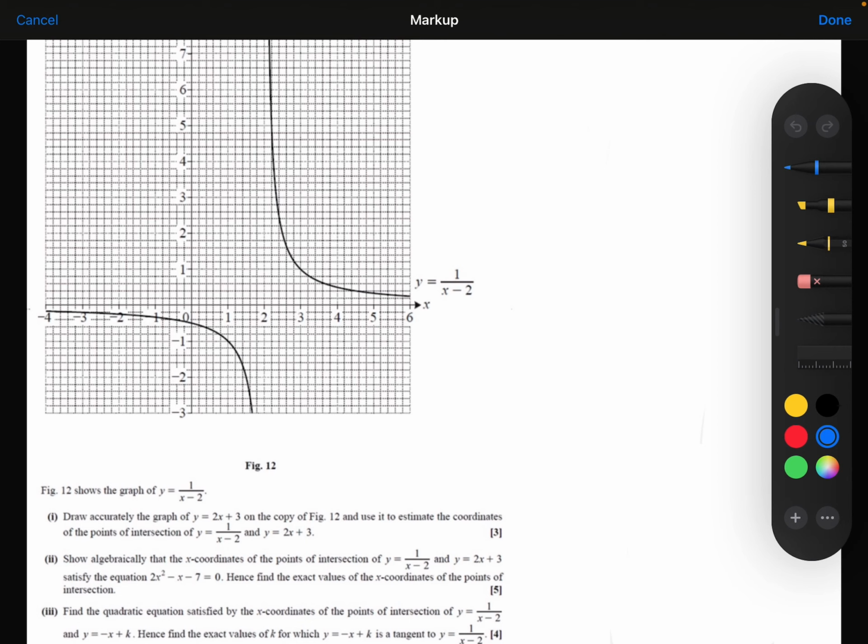So to draw y equals 2x plus 3, it has a y-intercept of 3. So it's going to intersect here, and it's got a gradient of 2, which means I'm going to move along 1 square in the x direction, and I'm going to move 2 squares in the y direction.